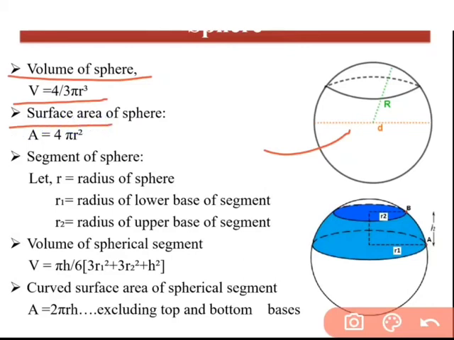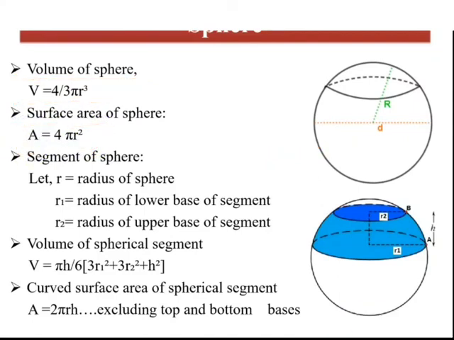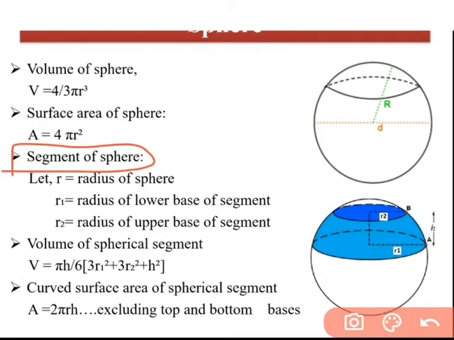So the surface area of a sphere A is equal to 4 pi r square. Now second, find out the segment of a sphere. First of all, find out the volume of a spherical segment and the surface area of a spherical segment.